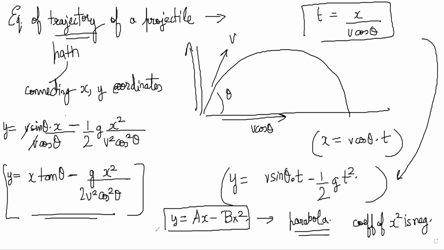A few special points about this. We have that the trajectory of projectile motion is a parabola. We will be able to find the vertex of the parabola here, which is the highest point of its motion. We have already found h is equal to v square sine square theta by 2g. That is the y coordinate of this highest point.